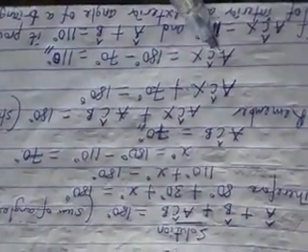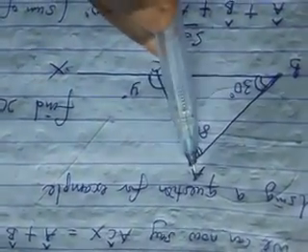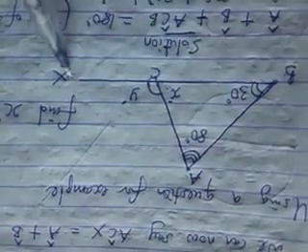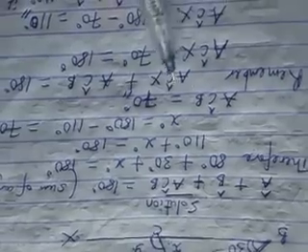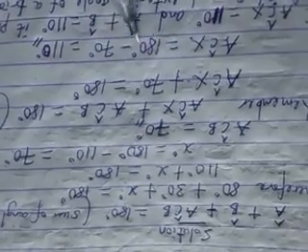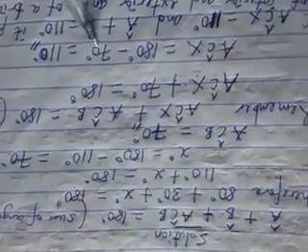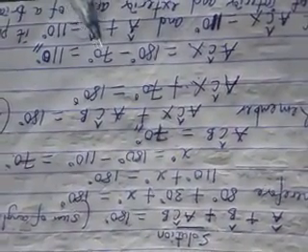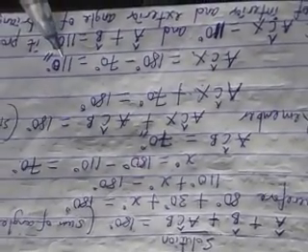Therefore, angle ACX, which is unknown, which is Y, will give me 180 degrees, the sum of angles on a straight line, minus 70 degrees, which is the value for X. Therefore, 180 degrees minus 70 degrees gives me 110 degrees.